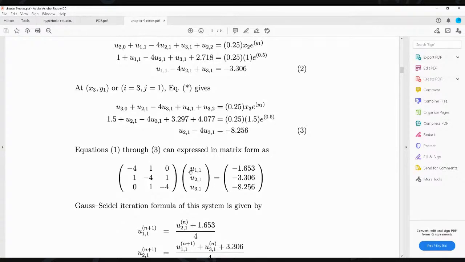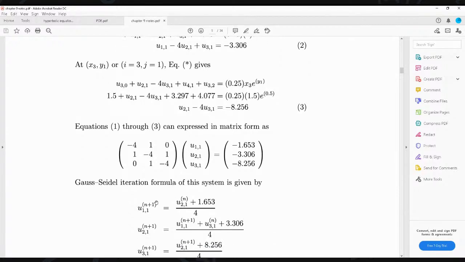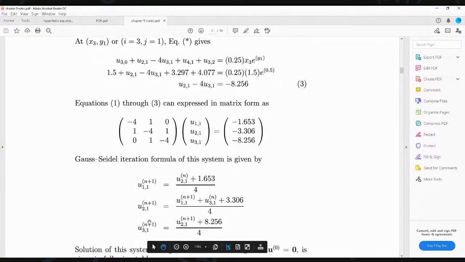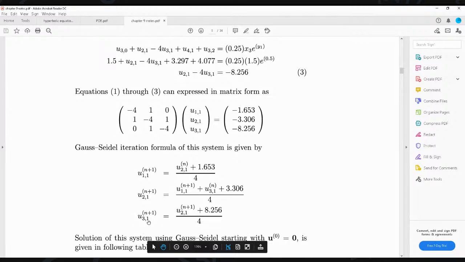So you can create the linear system. All right, you have already learned how to solve a linear system from chapter 2. So you have to find the value when x equals 0.5 and y equals 0.5, when x equals 1 and y equals 0.5, and x equals 1.5 and y equals 0.5.